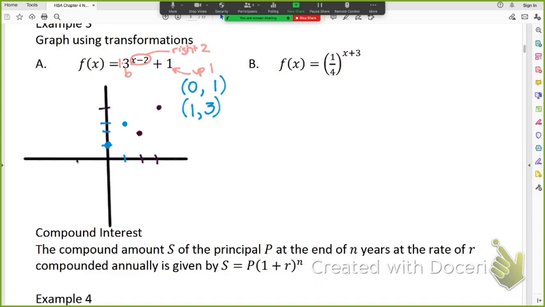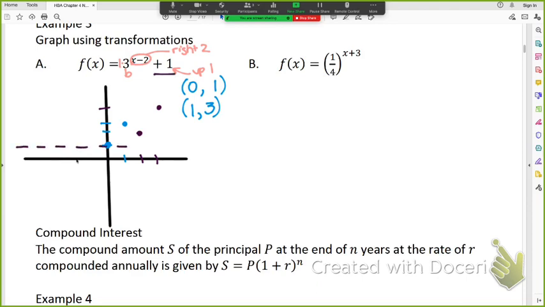Now, one other thing that translations, up, down, left, right, do, and that is moves the asymptote. So the asymptote starts at 0. Think about a horizontal line. Is a horizontal line going to be moved right and left, or is it going to be moved up and down? It's up and down, right? So that up 1 also moves the asymptote up 1.